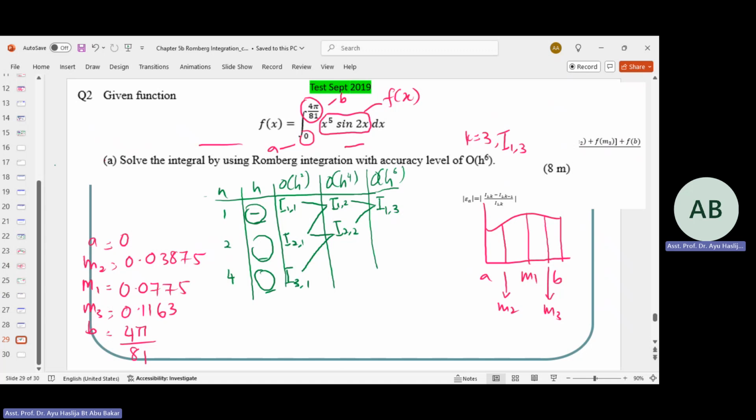N equals to 1, H equals to... sorry, not H equals to 0.